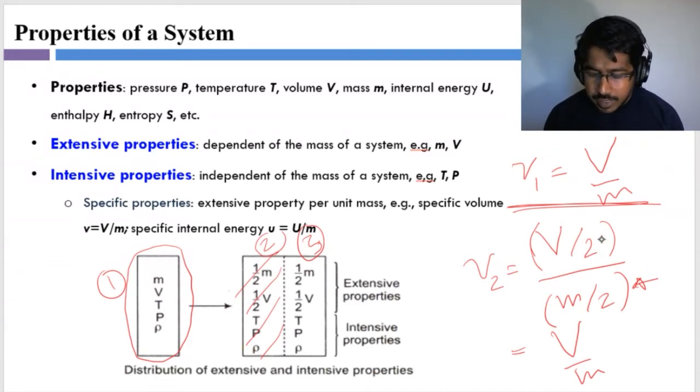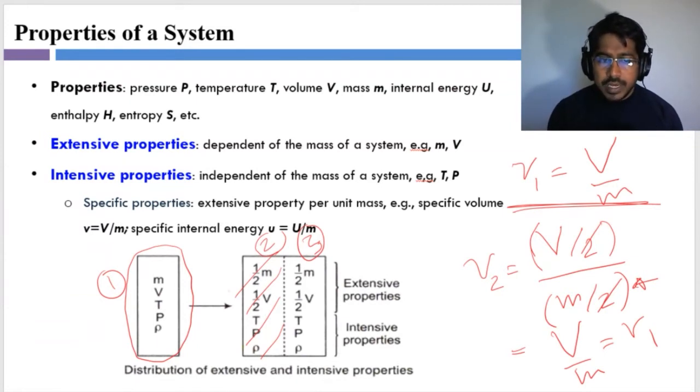Once we do that, these cancel out, so we end up having V over M, which is the same as V1. So the specific volume did not change even after dividing the mass into 2. According to the definition, if a property is independent of the mass of a system, that is an intensive property. Are we clear?